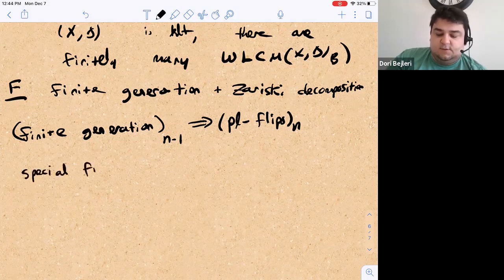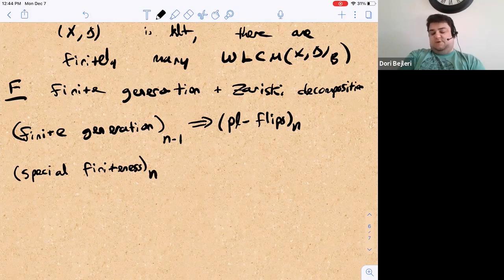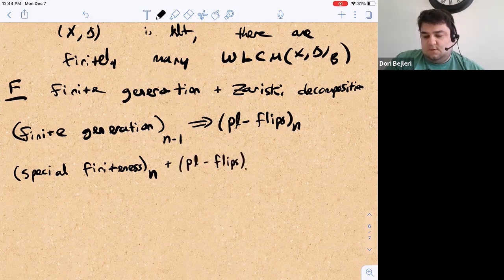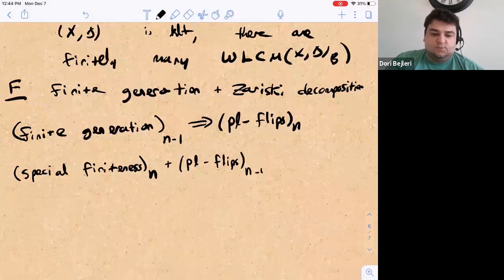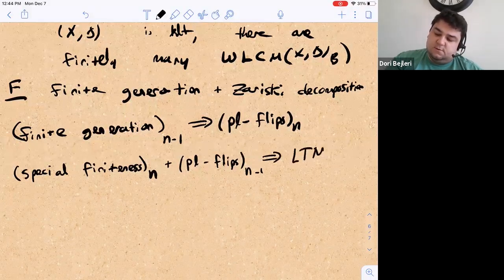special finiteness in dimension n. So this subscript just means that we assume the theorem holds when X has dimension whatever the subscript is. So special finiteness in dimension n plus PL flips in dimension n-1 implies the existence of log terminal models in dimension n.